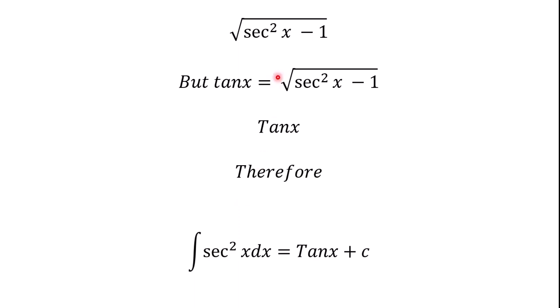Now from the workings above, that tells us why when we integrate secant squared x dx it gives us tangent x plus c. Okay, all right, that's it.